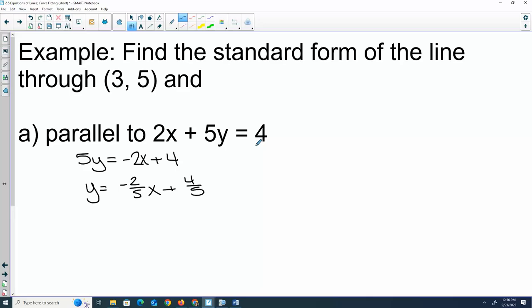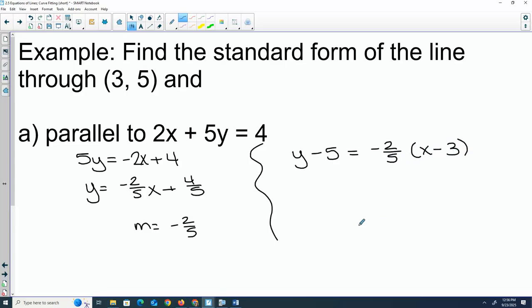We know our point, (3, 5), so then either plug into y equals mx plus b or your point-slope form. So y minus 5 equals negative 2/5 times (x minus 3).